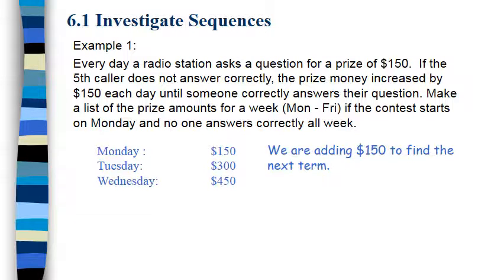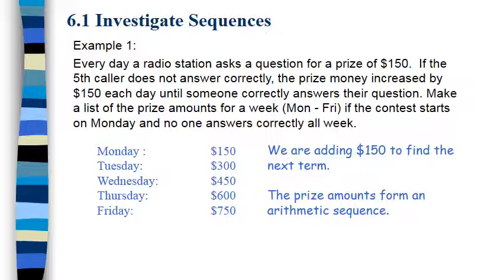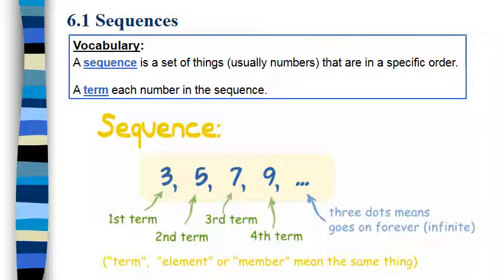And so we notice that we're adding $150 each time to find the next term. We can continue going like this until somebody wins the prize. This is called an arithmetic sequence because we're adding 150 each time. We start with 150, and then we add 150 to get the next term.